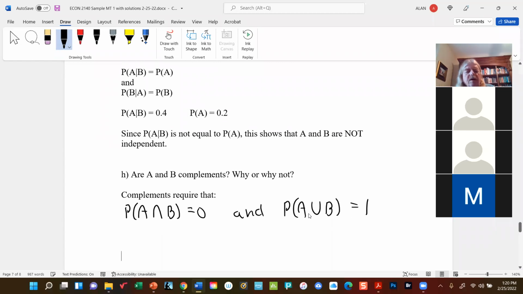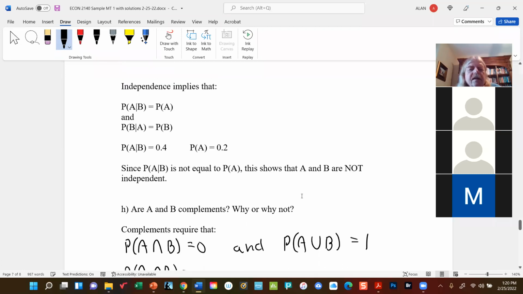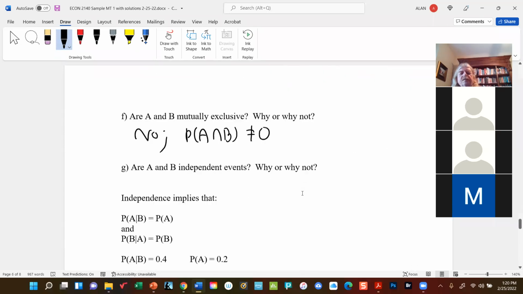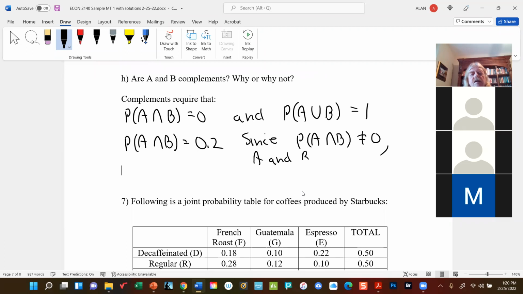But we've already seen that the probability of A and B is 0.2, I believe. Yep, 0.2, which is clearly not 0. So since this is not 0, A and B are not complements.